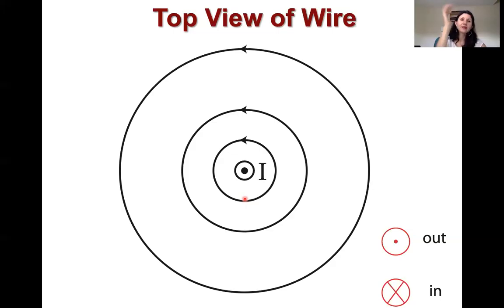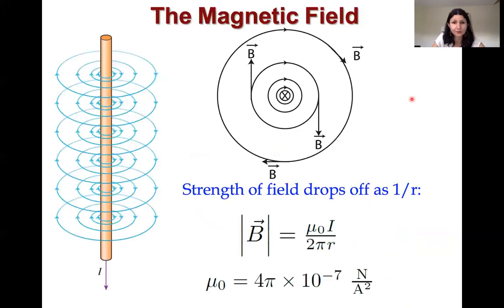And now my fingers are curling this way in such a way that our circles are in the plane of the screen and they're counterclockwise. So these are your magnetic field lines, and you see again the density here, the fact that the third circle is farther apart from the second and the second from the first shows that the magnetic field is getting weaker.